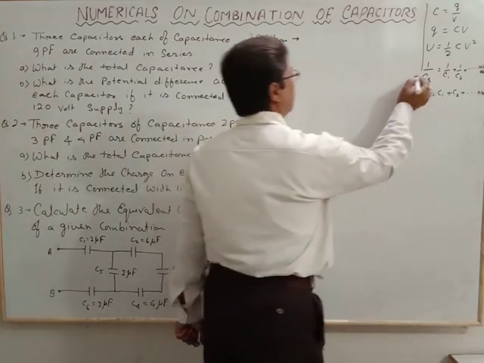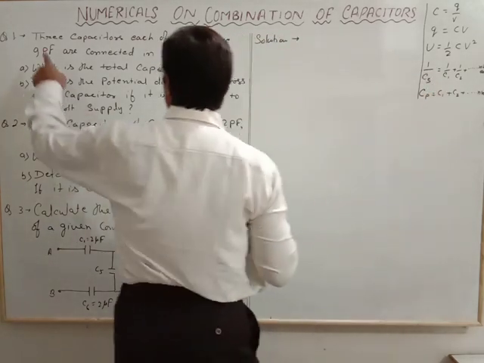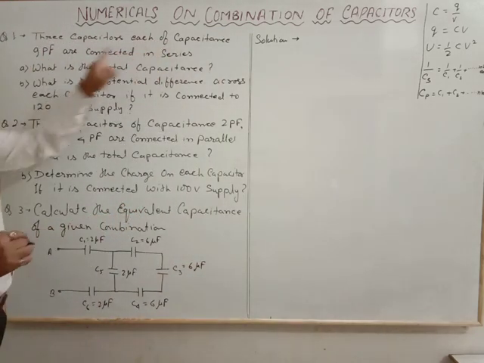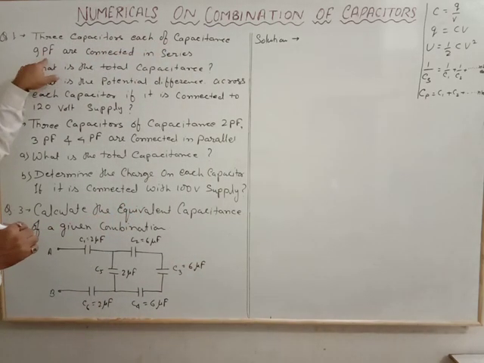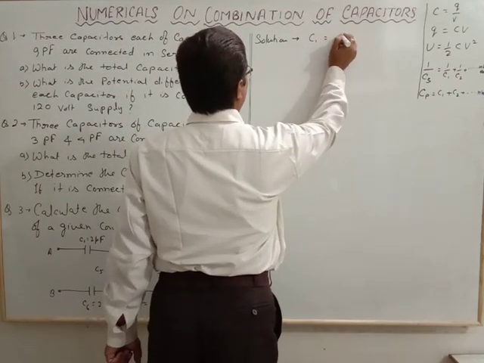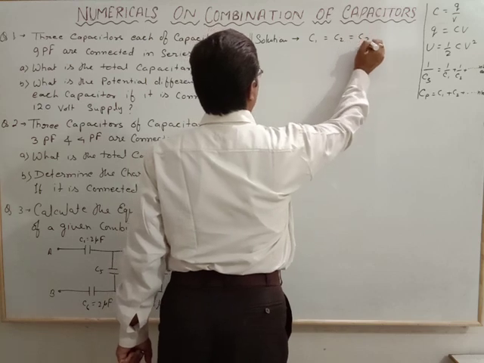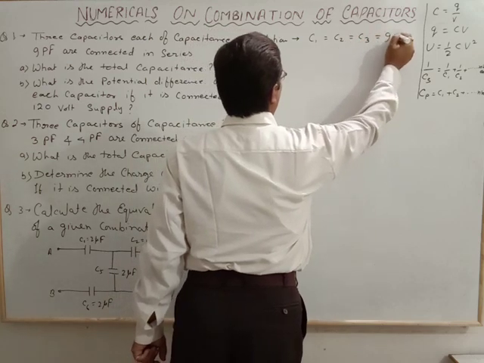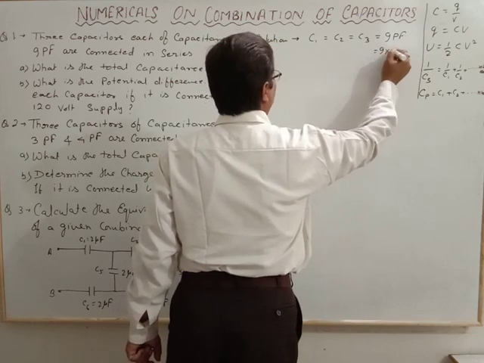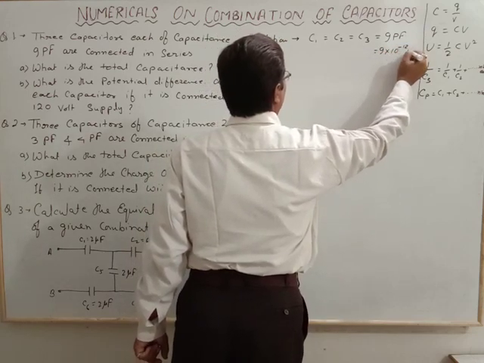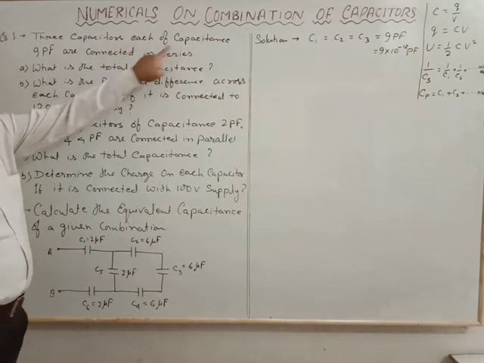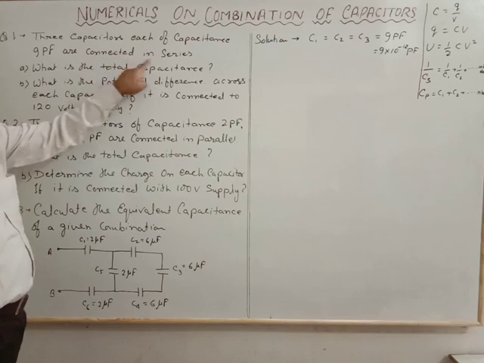Now for the first question, three capacitors, each of capacitance of 9 picofarad. The solution: three capacitors C1 is equal to C2 is equal to C3 is equal to 9 picofarad, or it is equal to 9 into 10 to the power minus 12 farad. That is given, three capacitors, each of capacitance 9 picofarad, are connected in series.